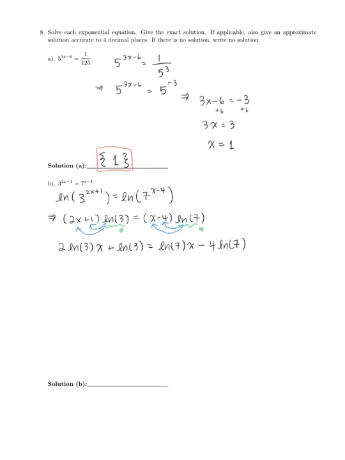Now since we're solving for x, let's bring all the terms that have x attached to them on one side, and all the constants on the other side. To do that, I need to subtract ln of 7 times x. Then it looks like I'm dividing, huh? I am not dividing, I'm just subtracting it. Let me just erase this bar.